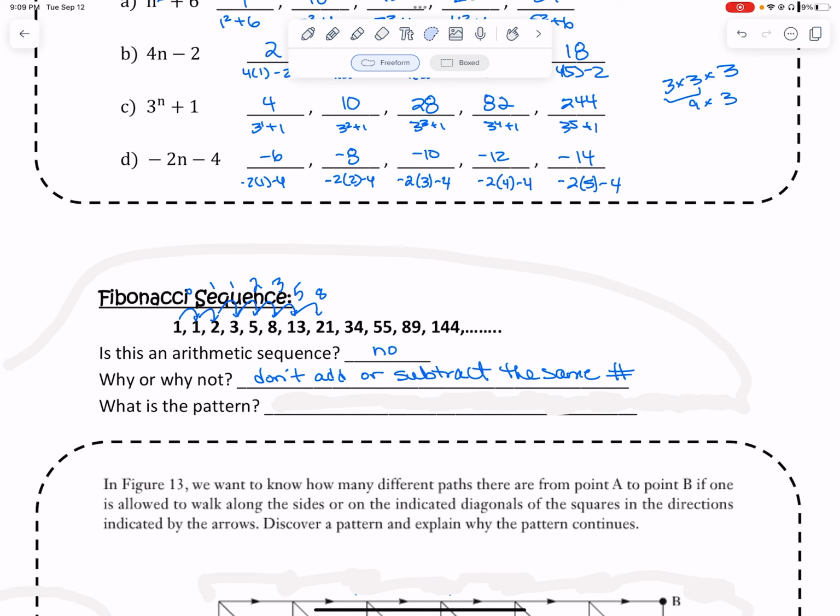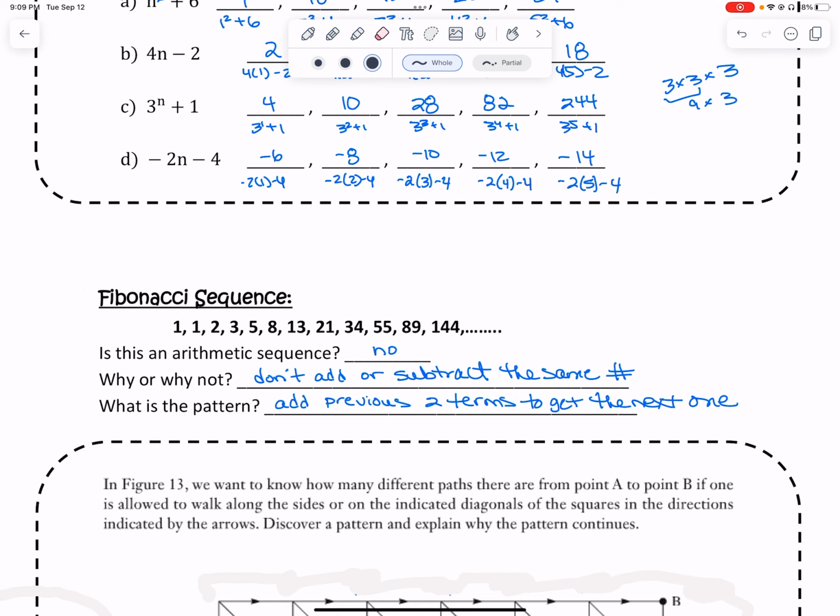Hopefully you took a little time to try and figure it out before you started this video. But anyway, here's the pattern. You're going to take the two previous terms, add those together, and that 1 plus 1 is going to give me that 2, right?